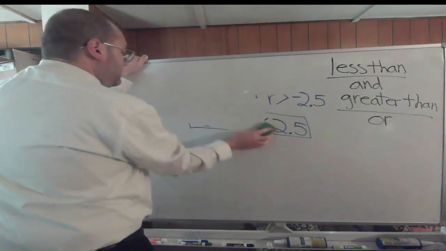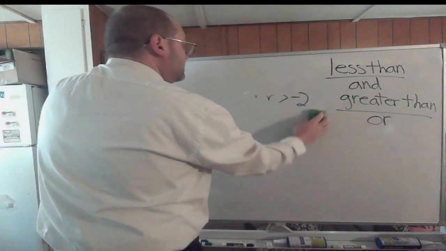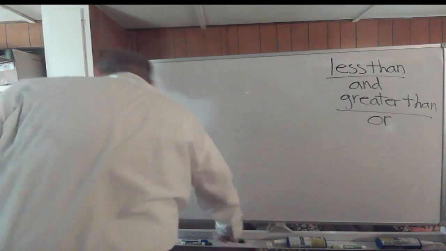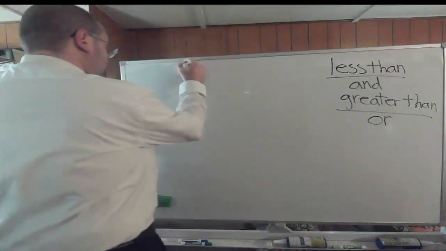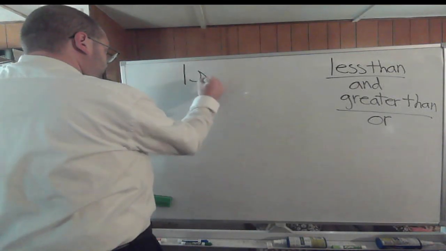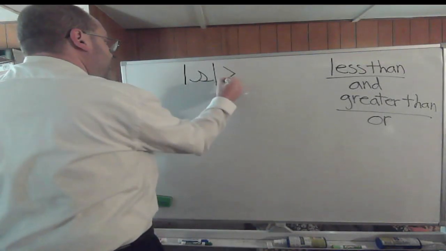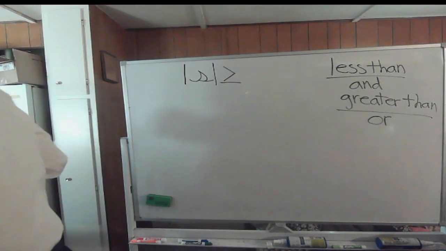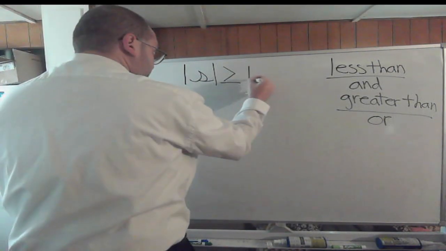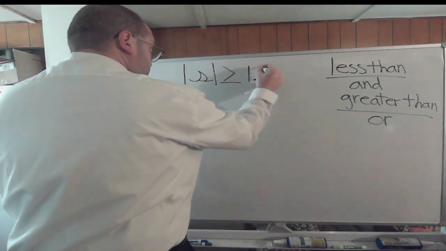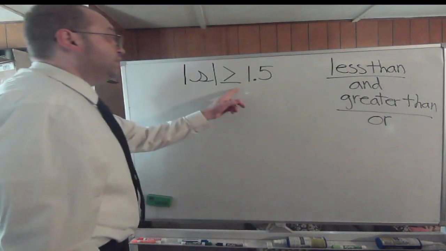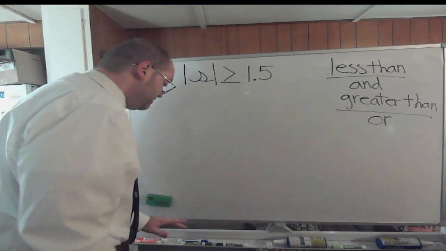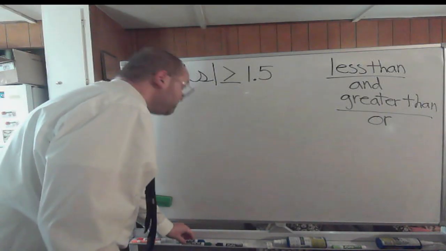And I got more here. All right, what about the absolute value of s is greater than or equal to 1.5? So I have the absolute value of s is greater than or equal to 1.5. So here's what you're going to do.